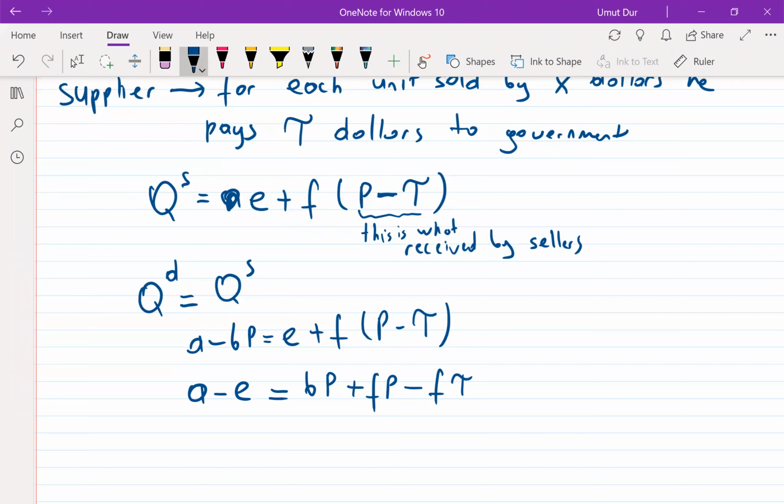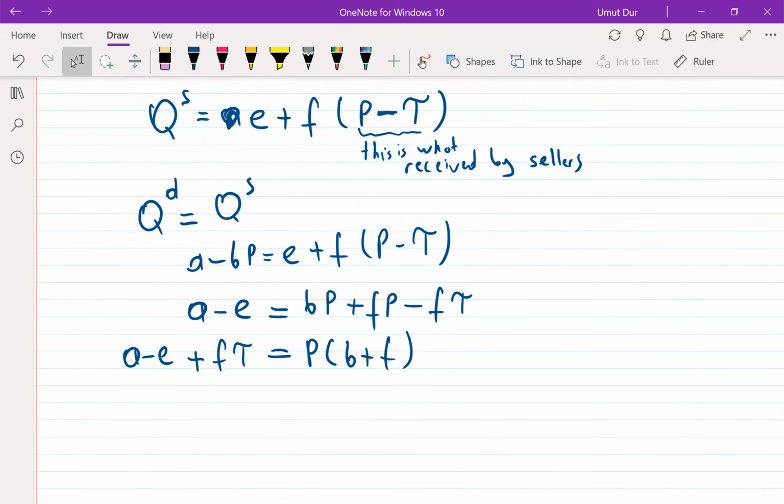Then if I take this term to the left hand side, A minus E plus f tau is equal to P times d plus f.